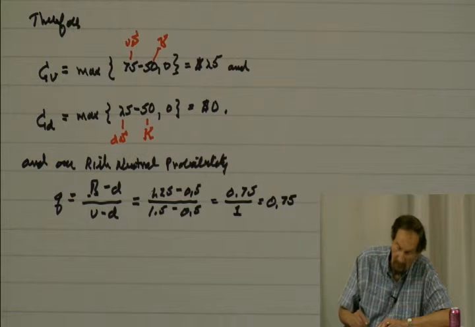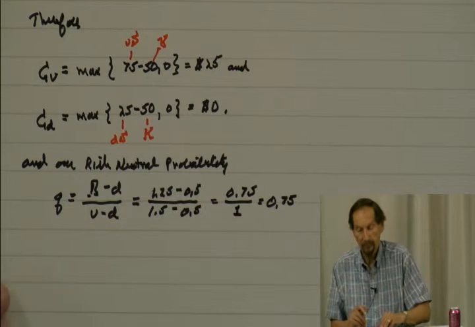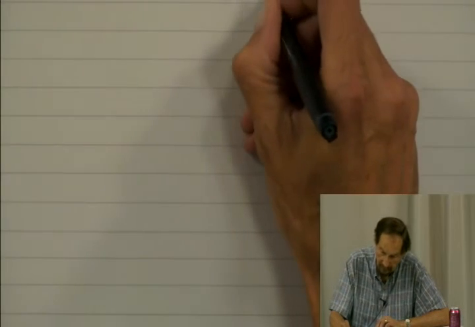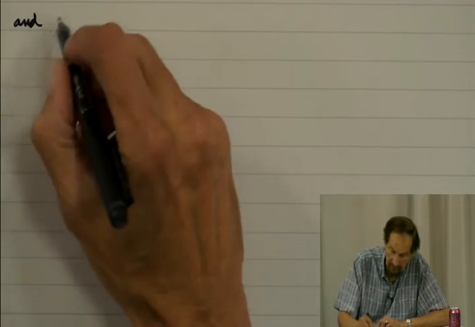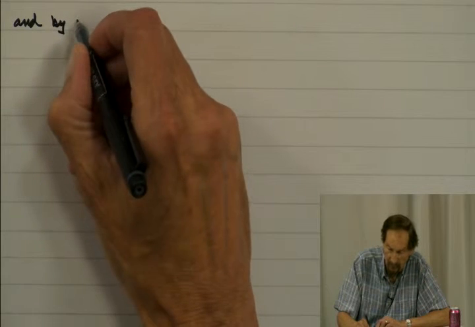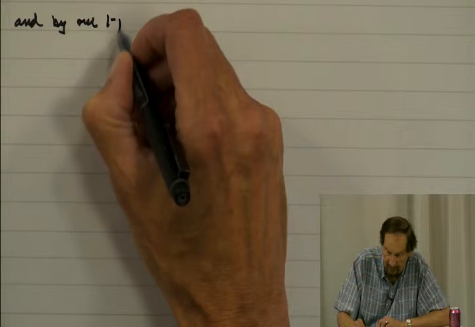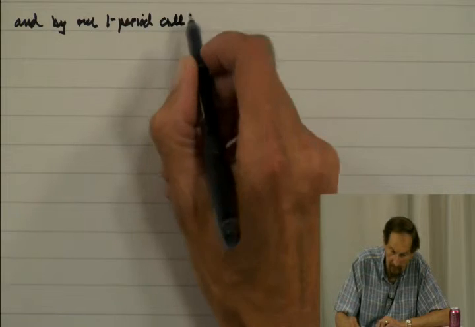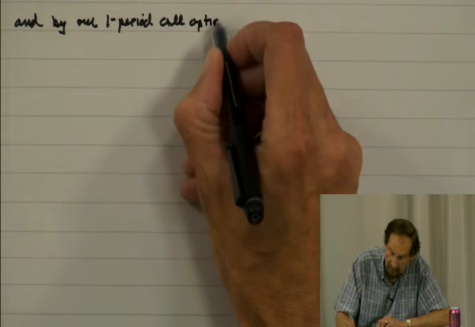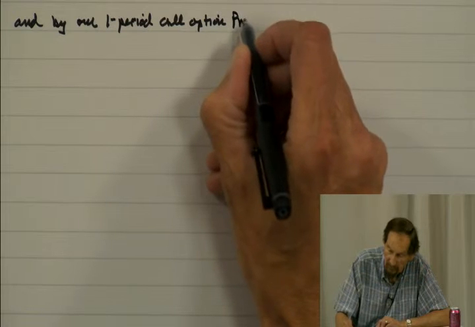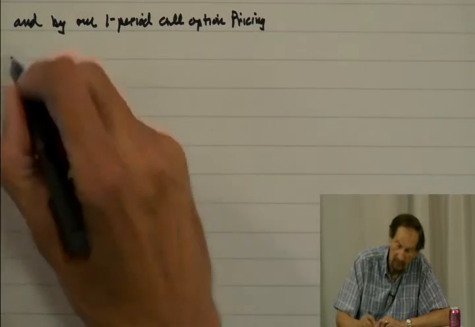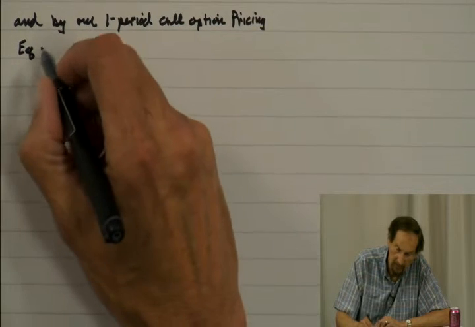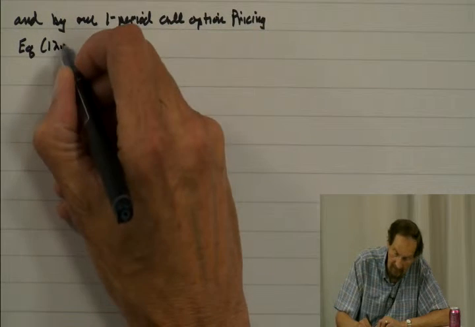And by the call option pricing formula, okay, let's plug all these things into our call option pricing formula, see what we get. One period call option pricing formula. Let's call it equation 12.8.